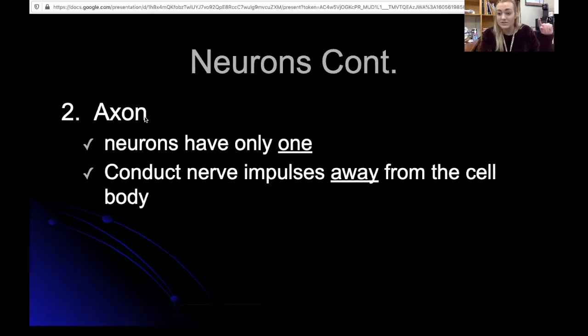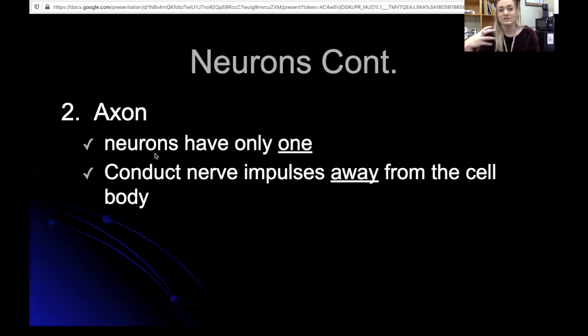That axon was the tail that we looked at on that picture just a minute ago. And neurons only have one axon most of the time. So we will typically only see one little tail that's going to stick out from the cell body. And these are going to conduct nerve impulses away from the cell body.